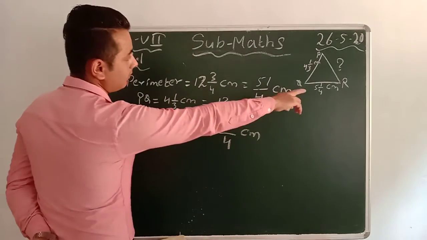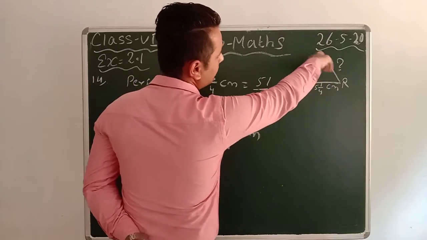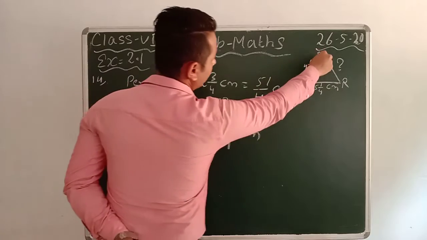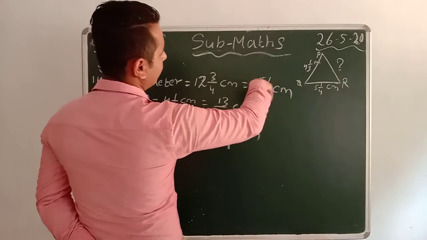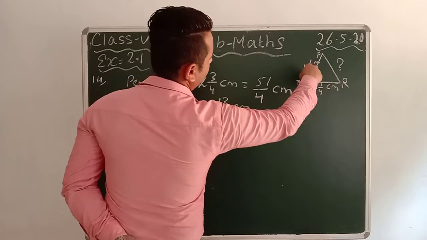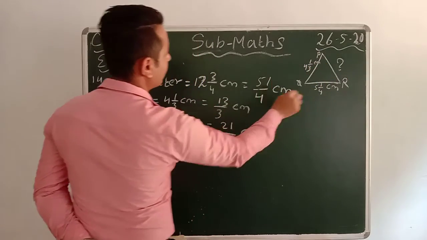Now this is not given, we need to find PR. So how to find? We know from here to here, here to here, here to here, adding all these sides, we get 51 by 4.